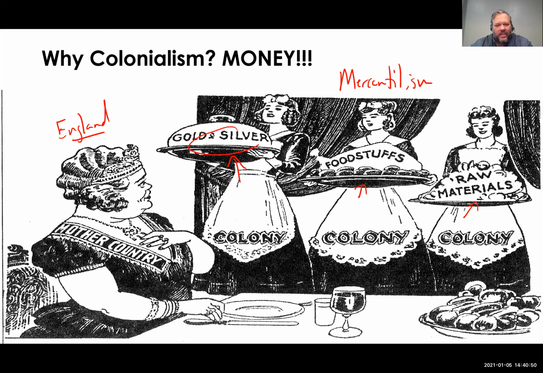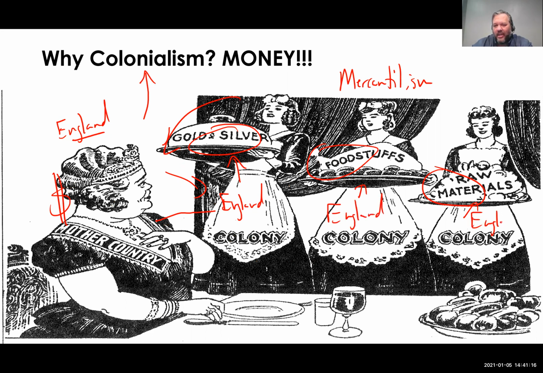The idea is they bring all these raw materials into the mother country. The mother country takes these raw materials, turns them into a finished product, and then sells them to the rest of the world or back to the colonies and makes a whole lot of money. So the mother country here is getting extremely wealthy. These colonies don't have a choice because remember, wherever the gold and silver was, wherever the food was, that was a colony of England.